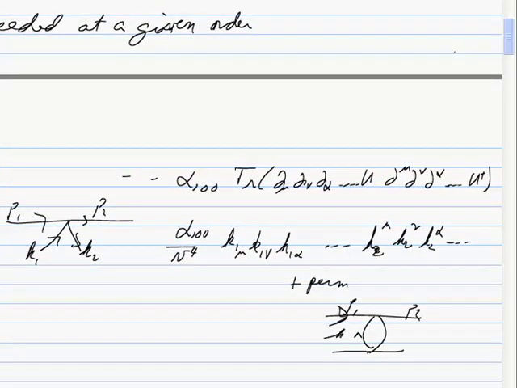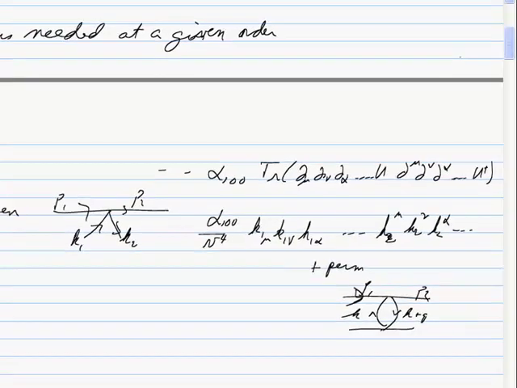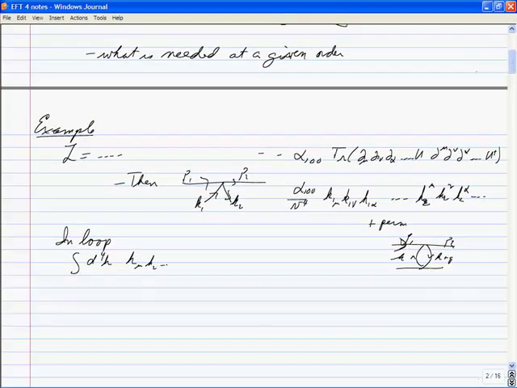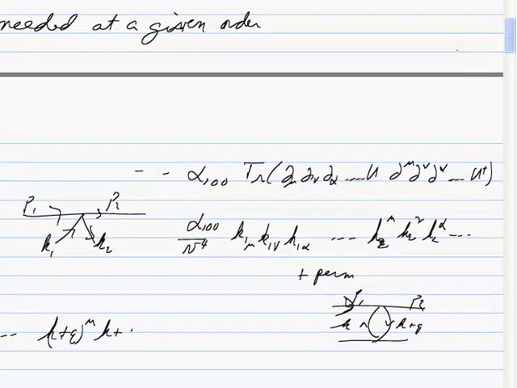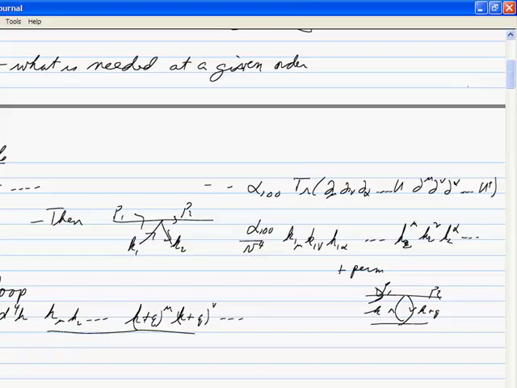Here's another line, K and K plus Q. I'd have integral d4k, k mu, k nu, etc., k plus q mu, etc., and there's two propagators, k squared and k plus q squared.